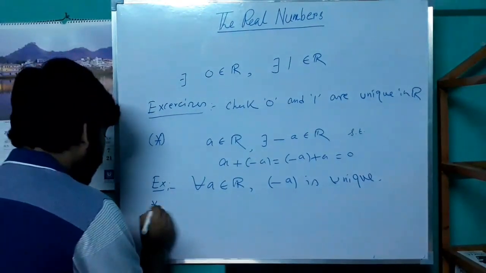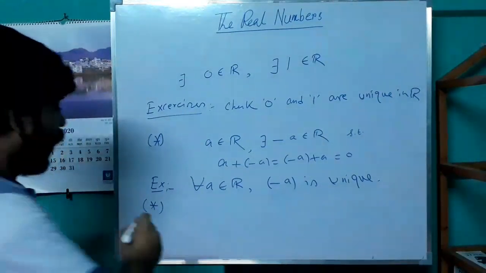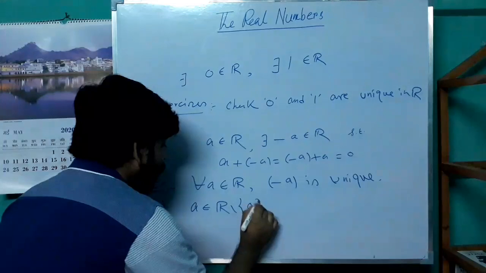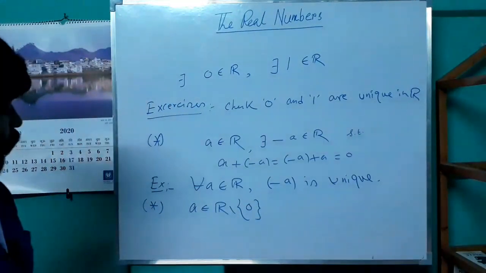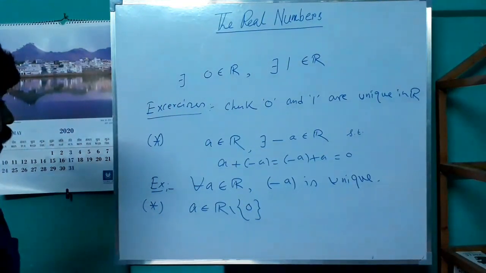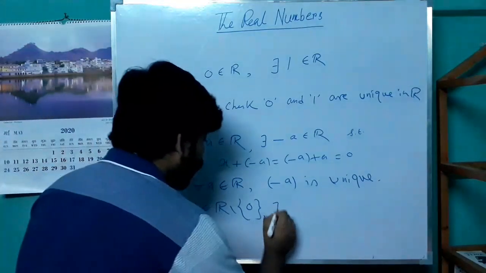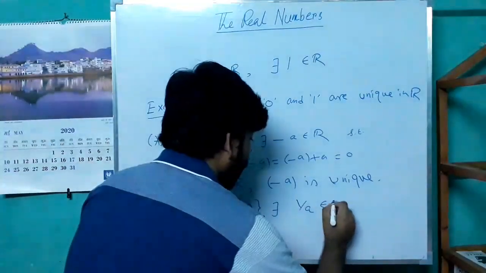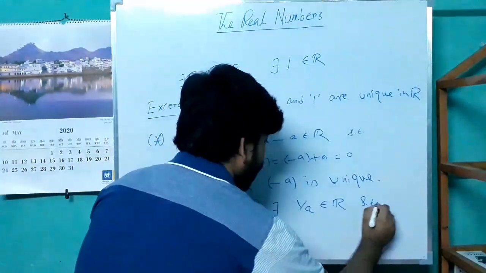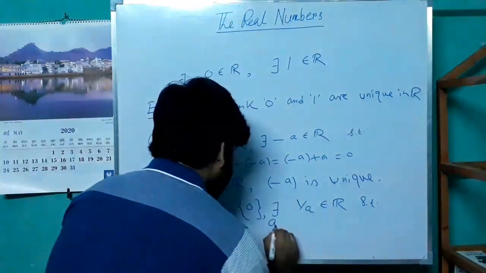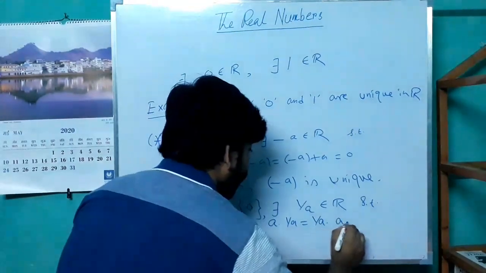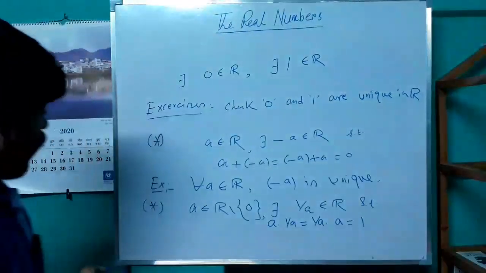And the next observation is that if we take a non-zero element A from R, then by our axioms there exists an element 1 by A in R such that A dot 1 by A equal to 1 by A dot A equal to 1.